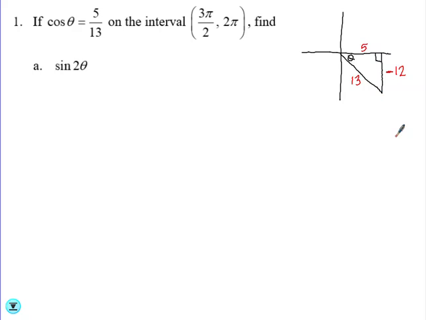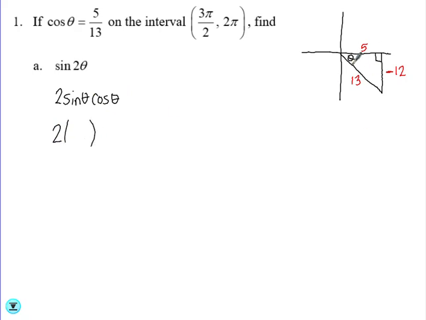Now we have enough information to figure out what sine of 2 theta is. We know from the identities above that sine of 2 theta is equal to 2 sine of theta cosine theta. We can find sine of theta by looking at this triangle.